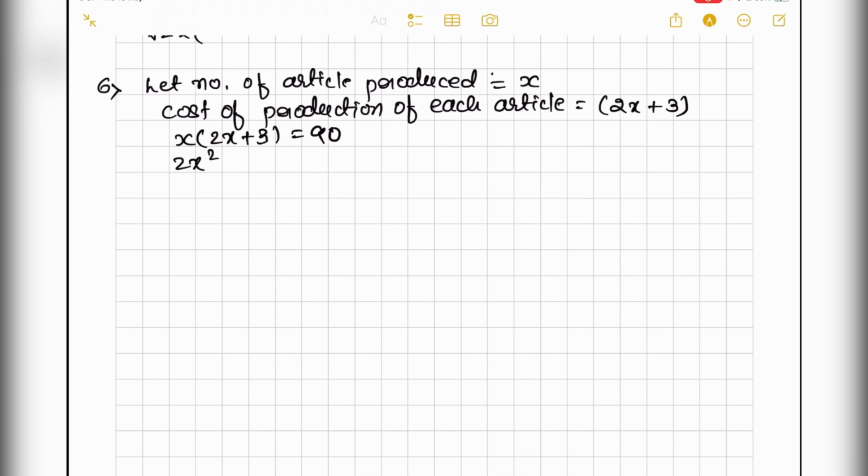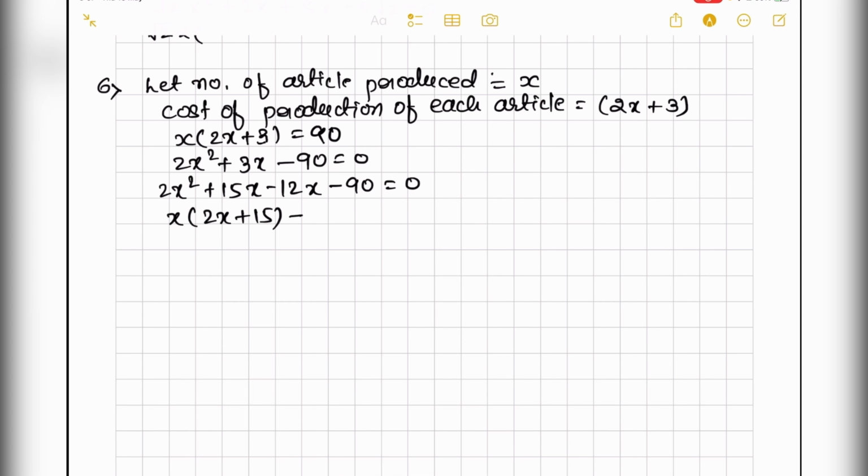So 2x square plus 3x minus 90 equal to 0 will be the equation. So 2x square plus 15x minus 12x minus 90 equal to 0. So (2x plus 15)(x minus 6) equal to 0.